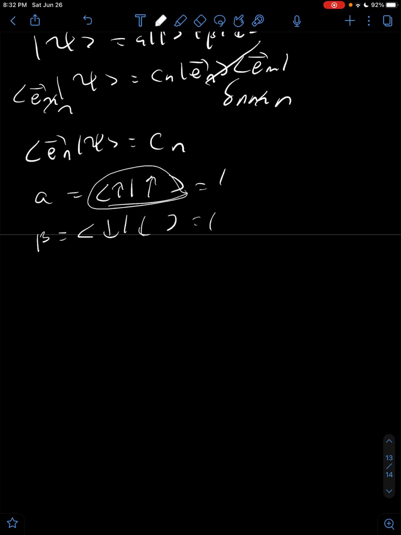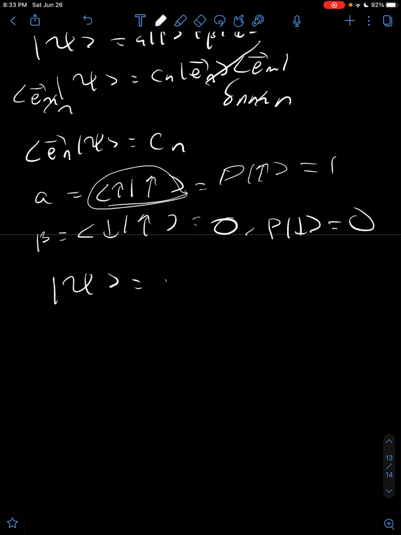Since alpha squared gives you the probability of getting the spin up state, and alpha squared is going to be 1, which means that the spinor state is guaranteed to remain in the up state. Say if our spinor state is up, then this would be 0. So the probability of getting the spin down state would be 0. The probability of getting the up state will be 1. And this makes logical sense, right?